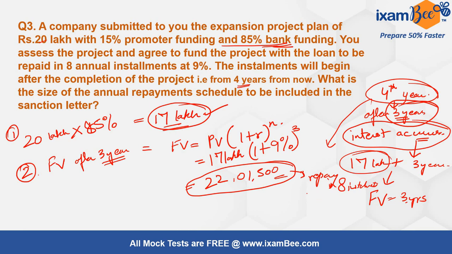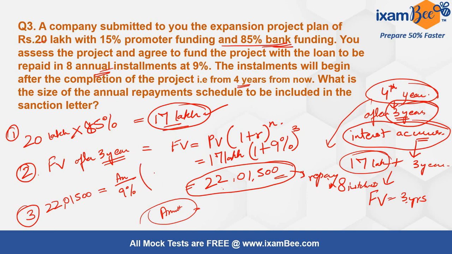8 installments. So now I will find my annuity using that formula where I know my present value is 22 lakh. So my third and final step is now finding the EMI amount. So that will be 22 lakh 1,500 is equal to my annuity divided by 9%, because all these are annual, right? So they are annual payments, so I don't need to change or convert them at any time. Okay, so 1 plus 9% to the power of n, which is 8.